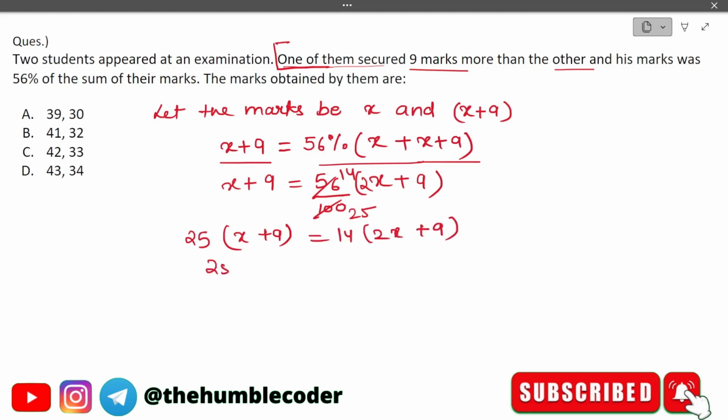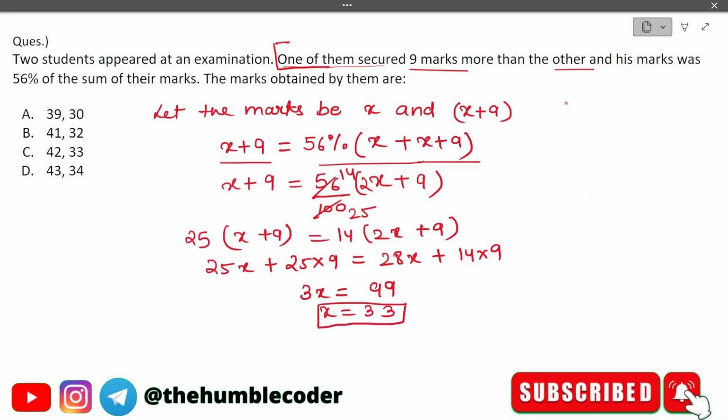If we solve it, 25x plus 25 into 9 is equal to 28x plus 14 into 9. Simplifying more, you will get 3x equals 99, and then x equals 33. Now we have found the value of x.